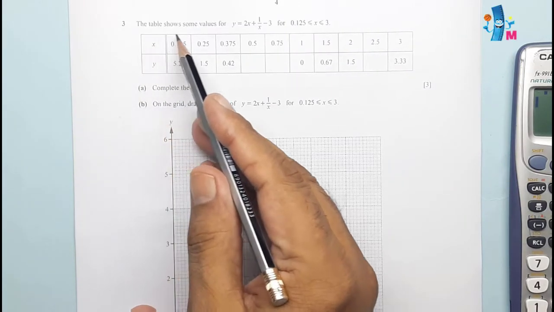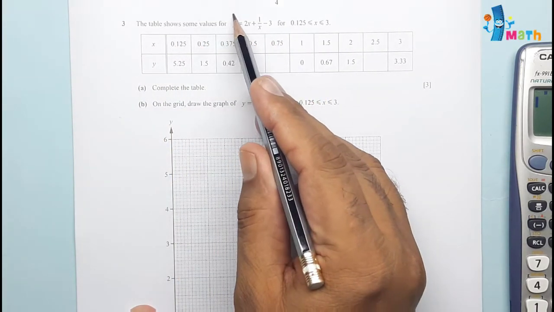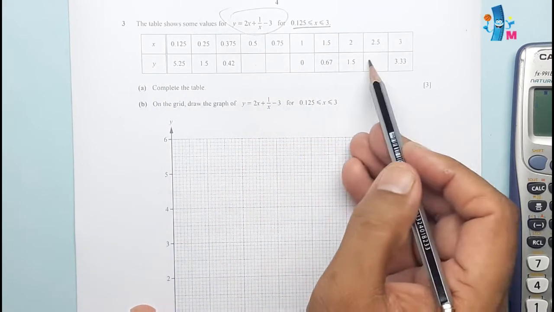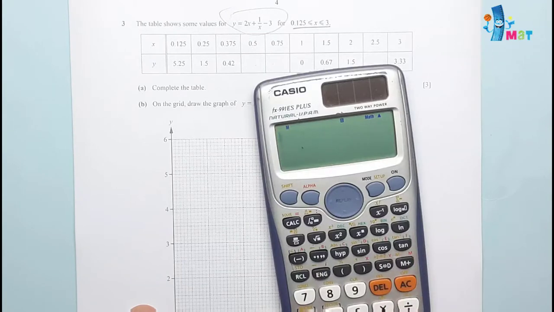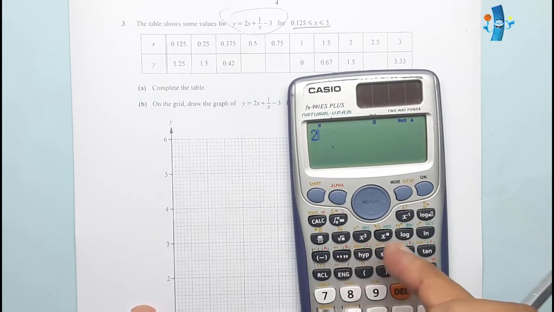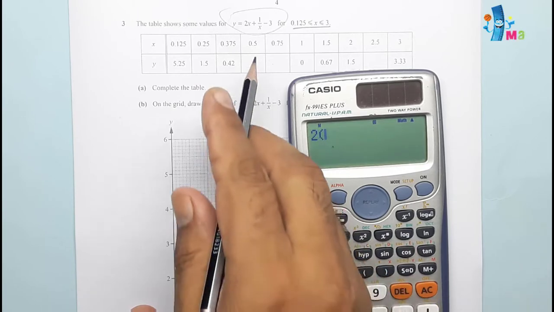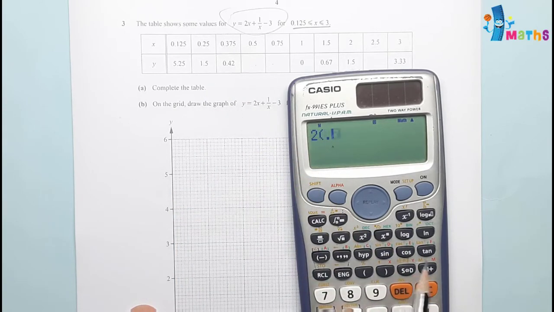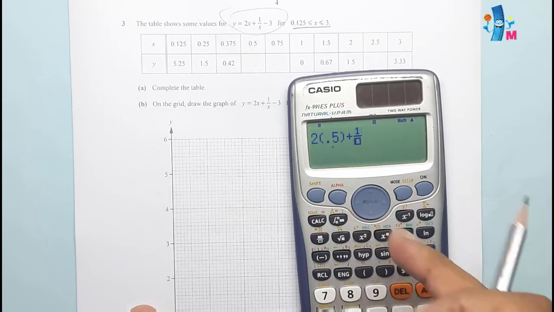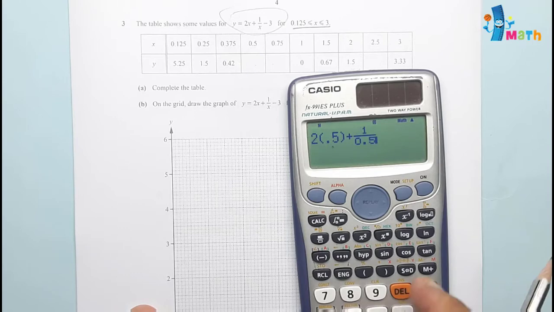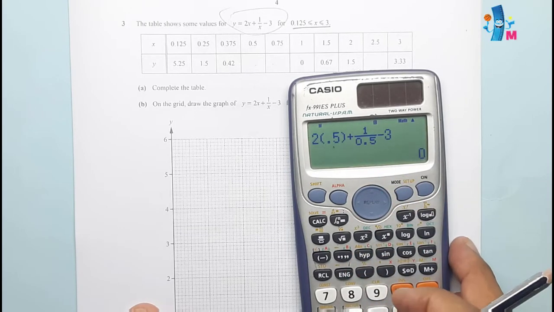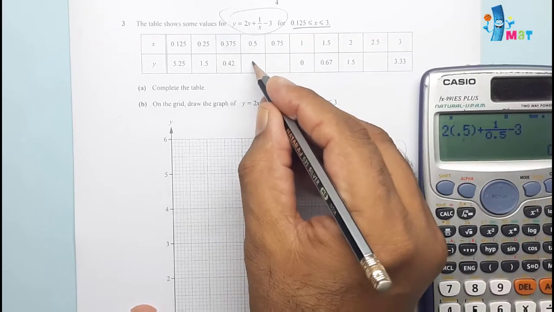Question number 3. The table shows some values for the given equation and range. There are 3 values which are blank. We have to replace them, and replacing values is very easy. We replace 0.5, so 0.5 plus 1 over 0.5 minus 3, so we will get 0 for this one.